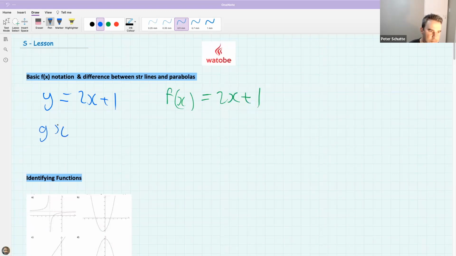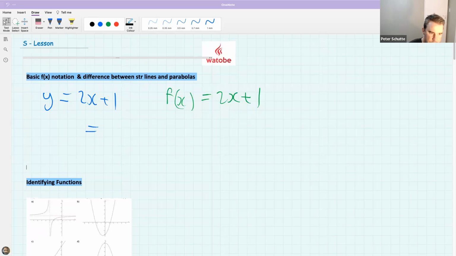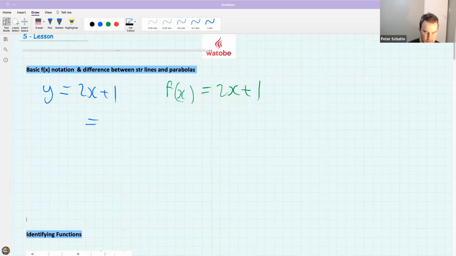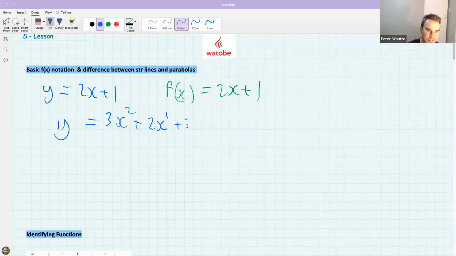If I want a parabola, let me start with the y notation. A parabola is the graph that we get when we have an equation or a relationship with an x squared term. Now, it can have numbers in front, and it can have terms with the power of 1, and it can have a constant term.